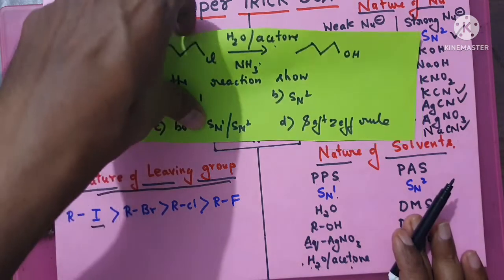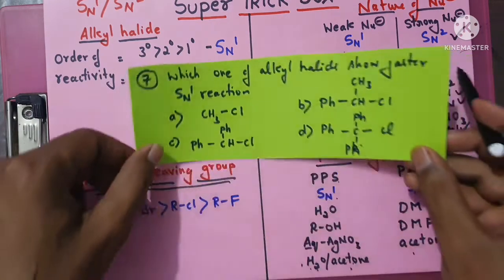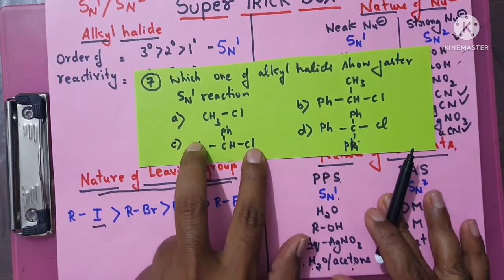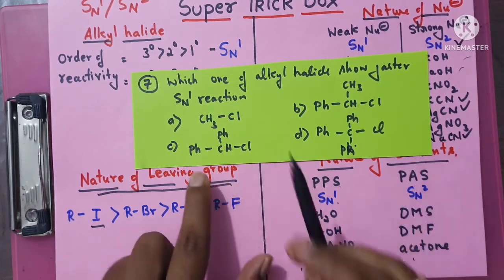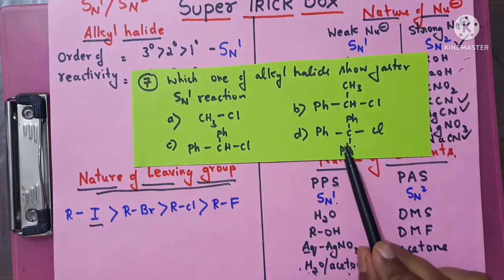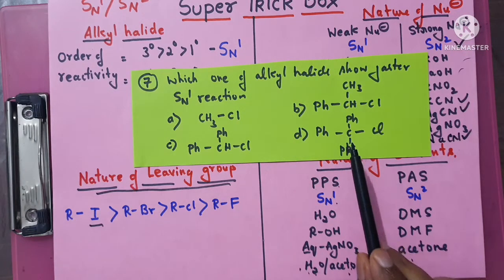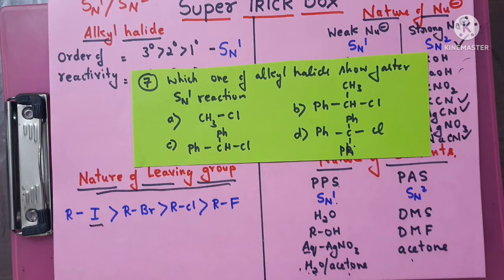We have the final one, the last question, and that is, which one of the alkyl halides shows faster SN1 reaction? This is again based on the type or the nature of alkyl halide. So let us find out which one that is.